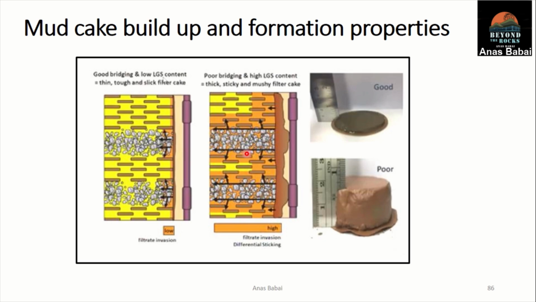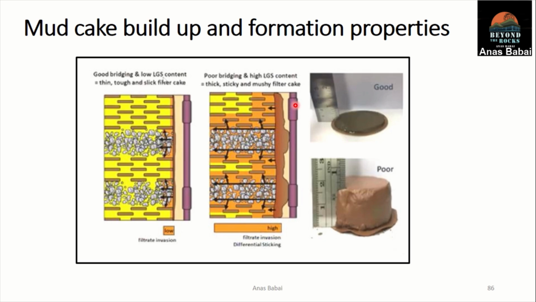As it's invaded, the formation is filtering the fluid from the solid particles. That's why it's called mud filtrate. So the formation will filter the fluids and block the solid particles, causing a very thick mud cake, and this mud cake can cause very huge problems.